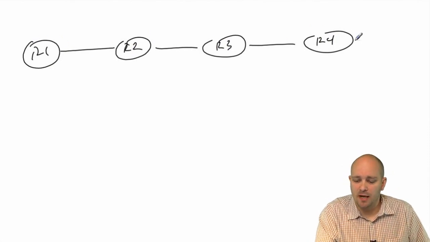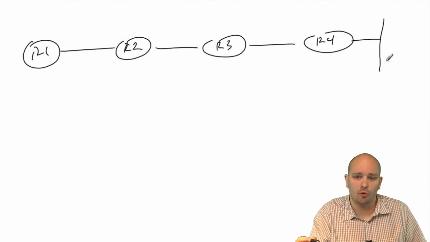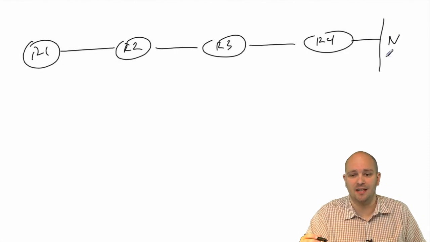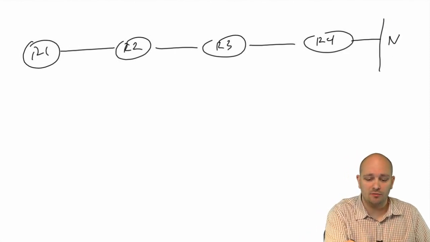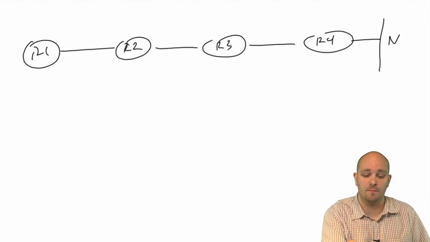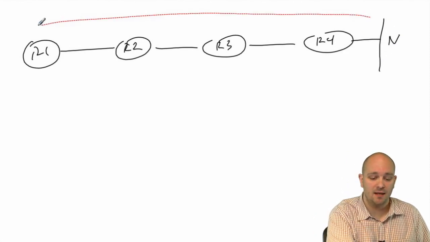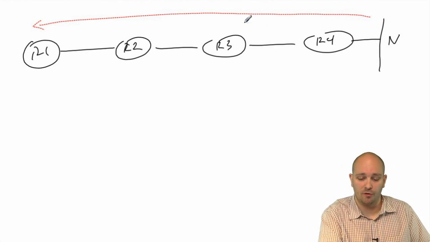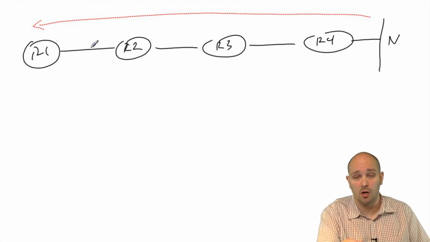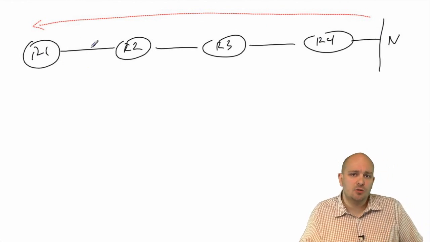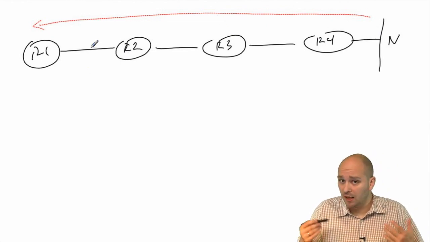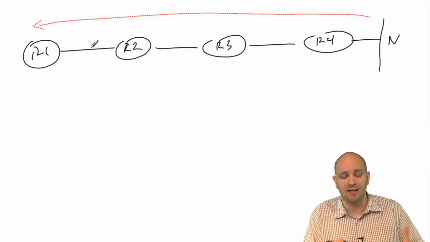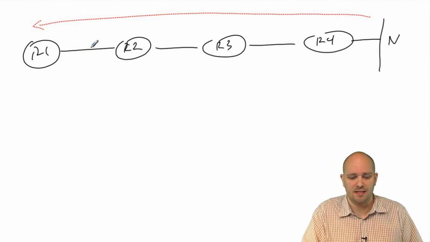And let's say that here behind our router R4 we had some network, let's call it network N, that we wanted to advertise using EIGRP throughout our network in this direction here. Now, as this information goes from R4 to R3 to R2 to R1, each of the routers is going to modify the vector metric in some aspects and then communicate that information to its neighbor.